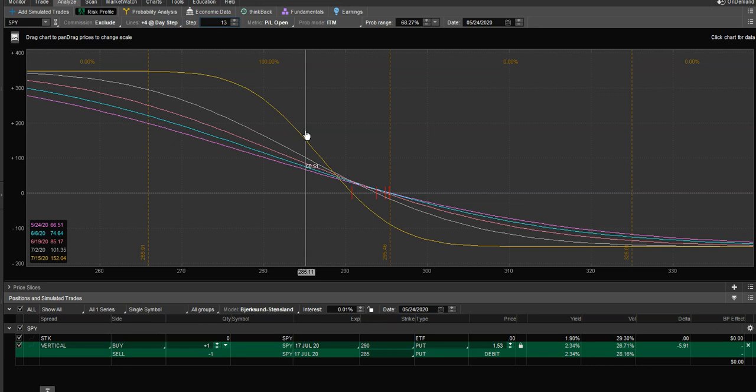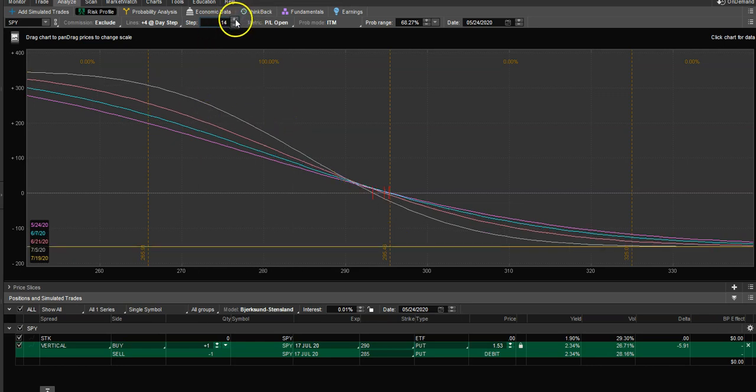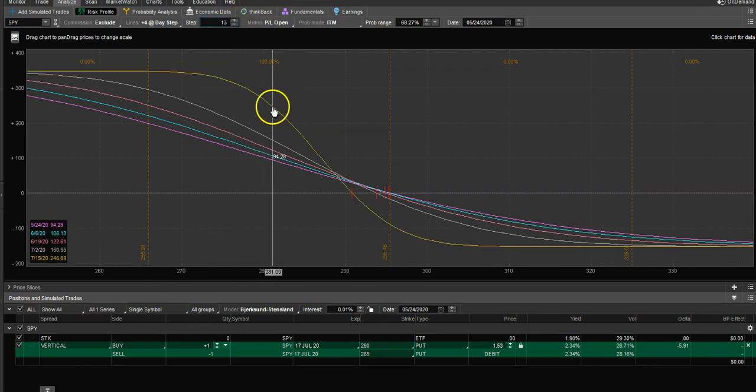On July 15th, it'd be about 152. And then if it closes below, let's see. Yeah, this is beyond. So we're not going to see it here, but we know that by expiration, if we're below 285, the whole put spread will go out for max profit.